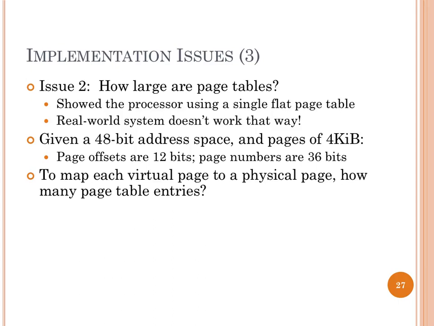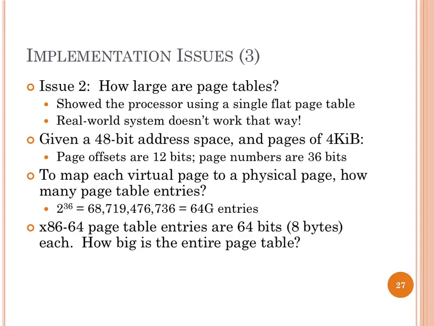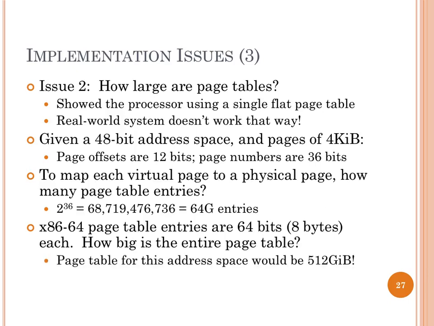This is the size of a page table in bytes for this kind of system. So you have 64 gazillion, I think that's what the G stands for. No, it's 64-ish billion entries, okay? And since each entry is 8 bytes, the entire page table is going to be 512 gigs.